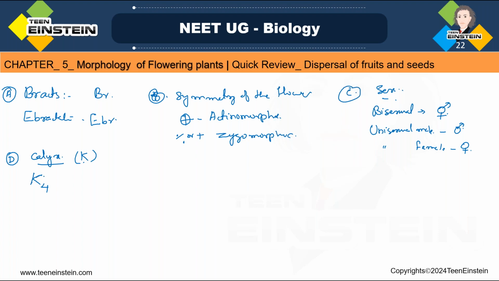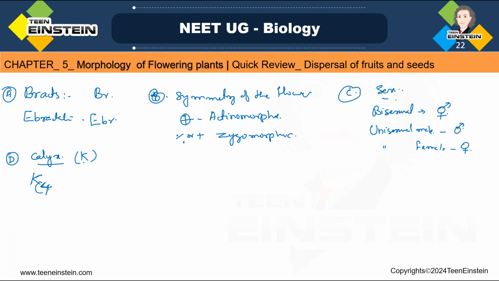Calyx means the whole group of sepals together. So here the calyx symbol is K, and the number represents the number of sepals. Here 4 means 4 sepals are there in the calyx, and all the 4 sepals are free. That is polysepalous. Polysepalous means sepals are free.